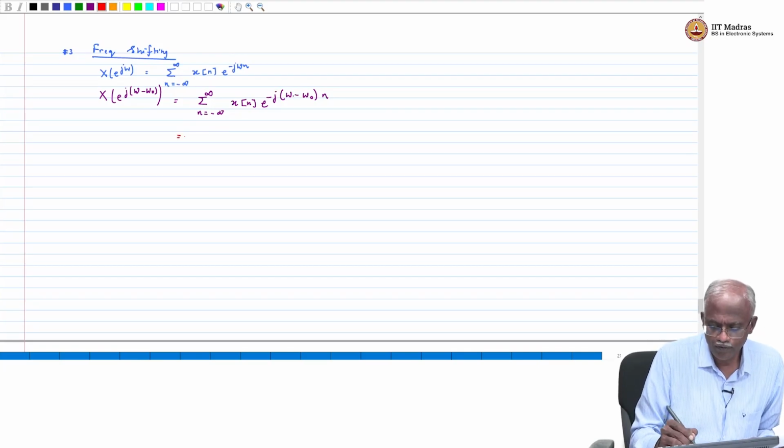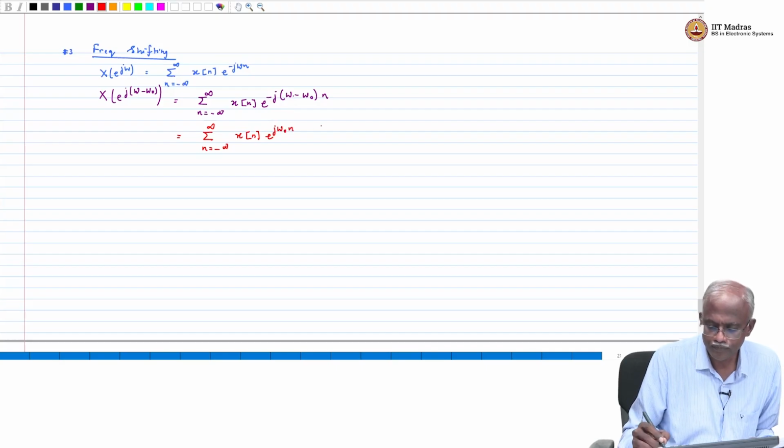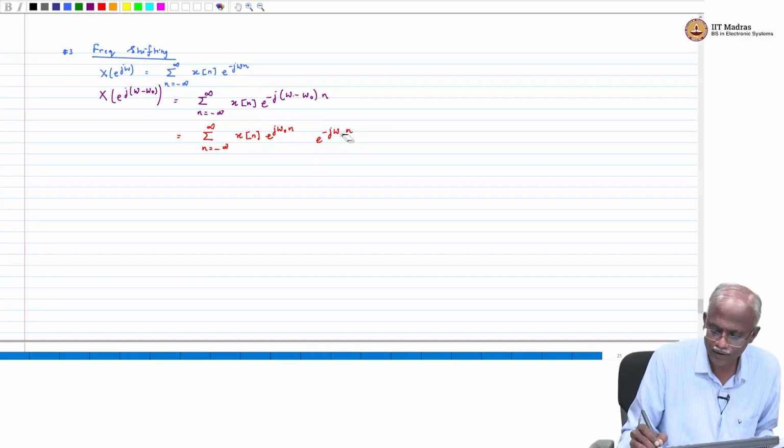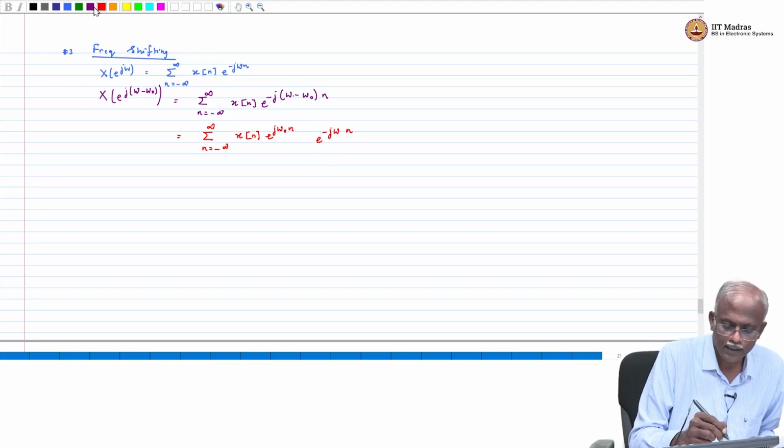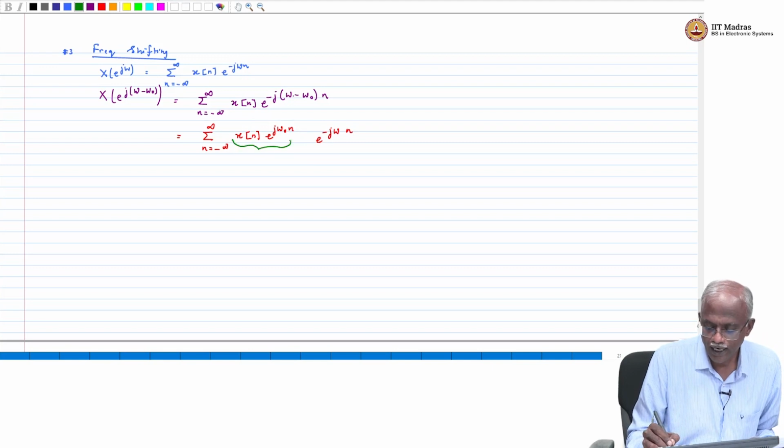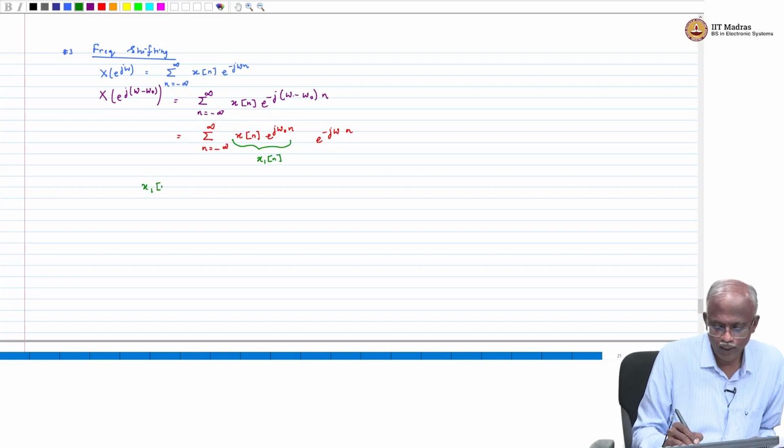Okay, let's simplify this. This is summation n equal to minus infinity to infinity x[n], and I am going to simplify this expression, e^{jω0n} e^{-jωn}. If I combine these two terms and treat it as some x1[n], then x1[n] has a discrete time Fourier transform which is given by X(e^{j(ω-ω0)}).